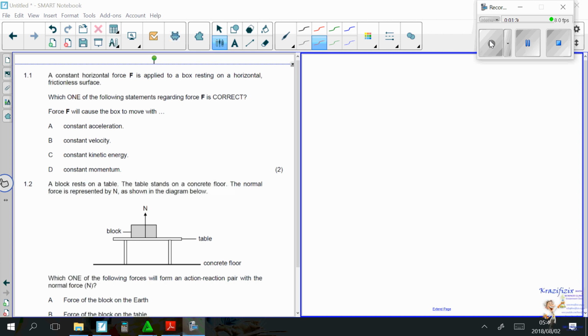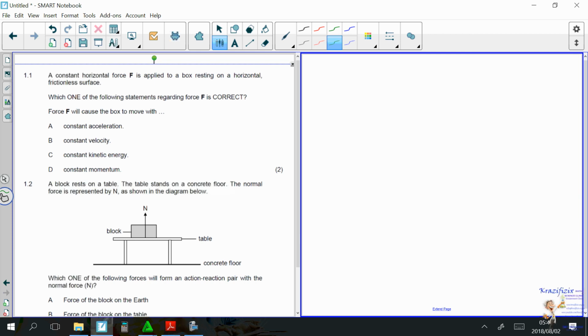Question 1.1. A constant horizontal force F is applied to a box resting on a horizontal frictionless surface. Look at the word friction. Which one of the following statements regarding force F is correct? Force F will cause the box to move with... Now, this is basically asking us for Newton's second law.